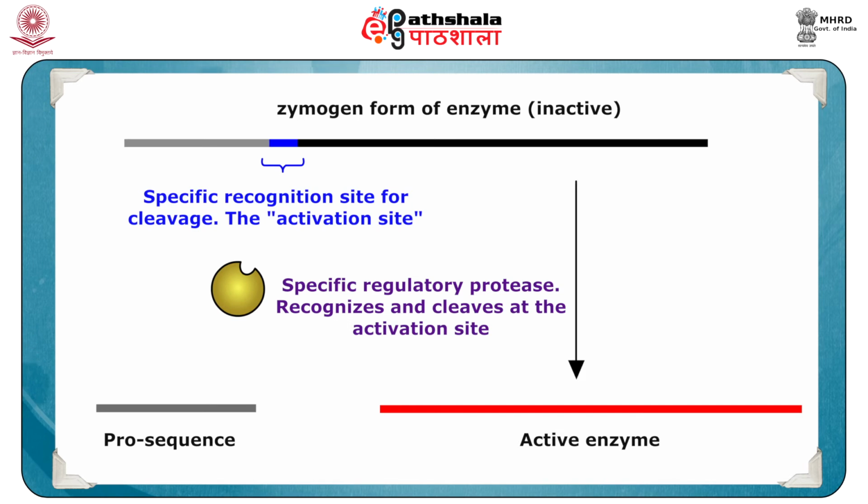The zymogen form of the enzyme is acted upon by specific regulatory proteases which are released in the small intestine. These recognize the zymogen and cleave at specific activation sites, thereby releasing the active site.